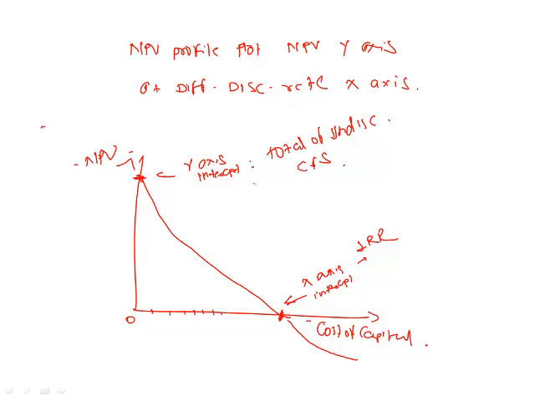Y-axis intercept total of undiscounted cash flows. It's a curve, it's not a straight line here.